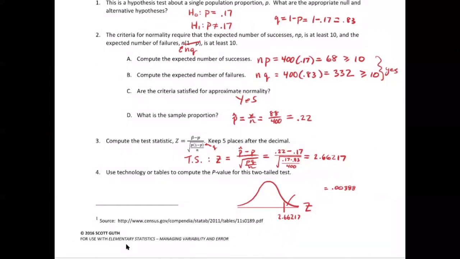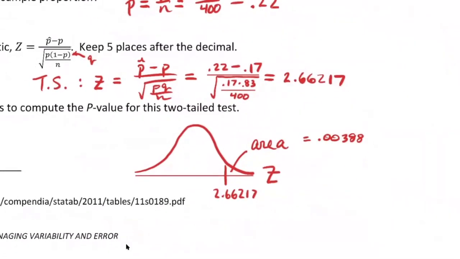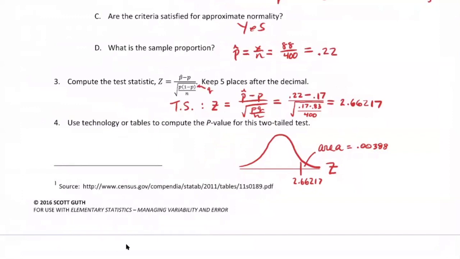That's the area of the tail. Okay, so this is how I'm changing this. It is correct, and that is the area of the tail, but the p-value should have been 2 times that, 0.00388.